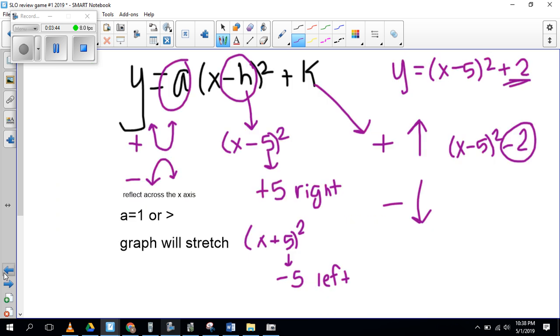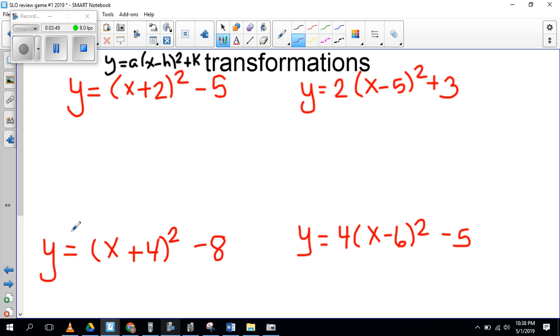So the first thing I always do is just identify my A, my H, and my K. So I'm just going to write above it, H is here, and then K. So if I ask you for the transformation, A, we know it's going to open up. So I'm just going to write this. It's going to open up.